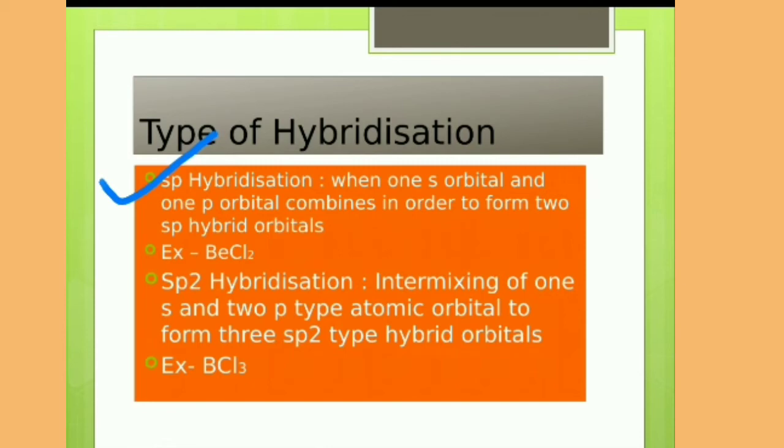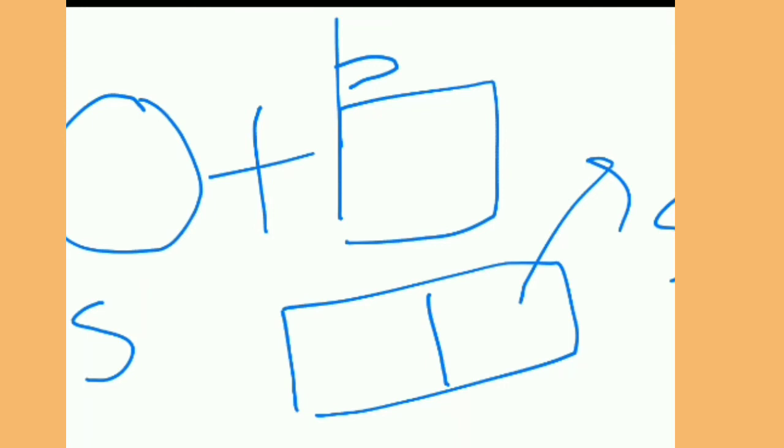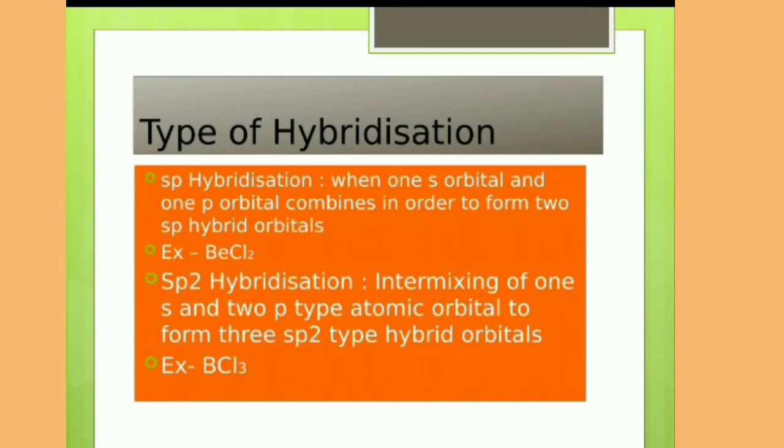We can define sp hybridization as when one s orbital and one p orbital combine to form two hybrid orbitals. Again, there is a combination of one s and one p, a total of two atomic orbitals, to form two hybrid orbitals. If they combine, they will form two hybrid orbitals of the same energy level, and since it is a combination of one s and one p, they are named sp hybrid orbitals. An example of sp hybridization is BeCl2. We will discuss it in detail in VSEPR theory.